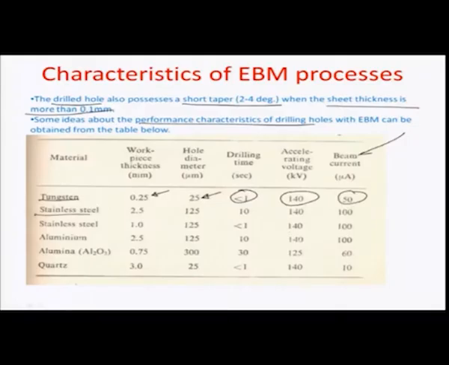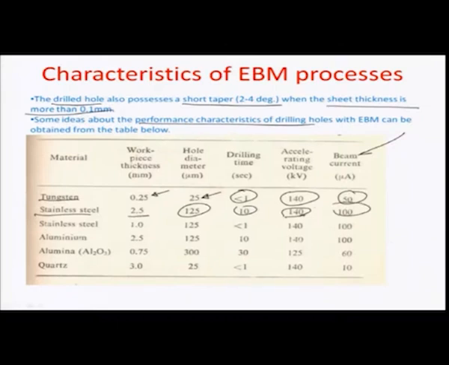If the material is stainless steel, you have a 2.5 millimeter workpiece thickness with a hole diameter of 125 microns, and the drilling time is about 10 times more, about 10 seconds, using an accelerating voltage of the same order, 140, and a beam current which is double, about 100 microamps.